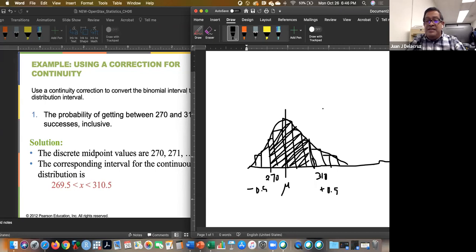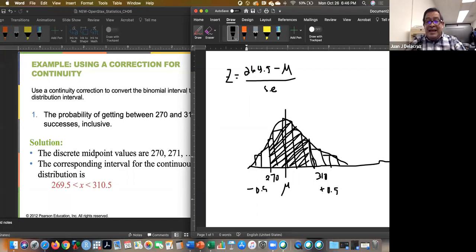That means when I am computing the z-score for these values, I'm not going to use 270. I'm going to use 269.5 minus mu, which I don't know the value of, divided by the standard error.